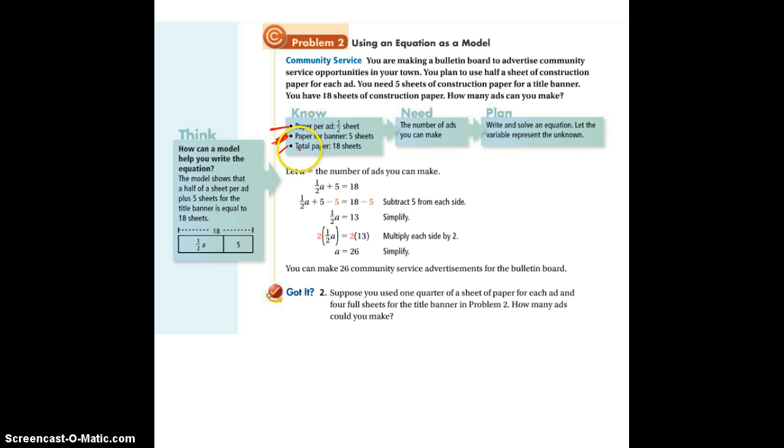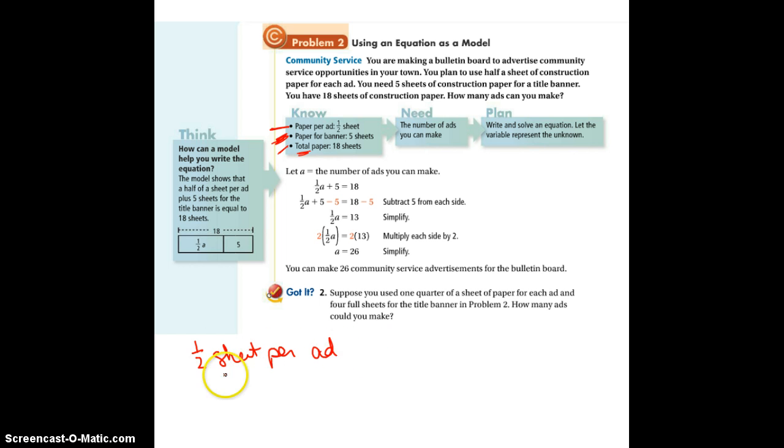And usually if you can identify a total, that's usually going to be an equal sign. So a total, the word total, or if you can work that word total into your problem, that usually translates into an equal sign. All right. So if I take this paper per ad, that directly translates, because it is half sheet per ad.